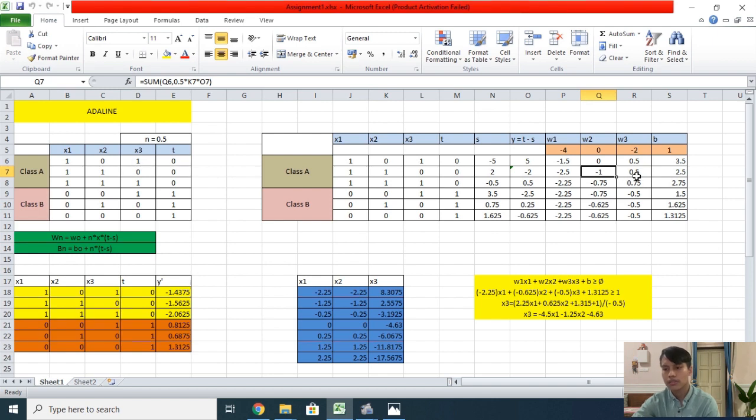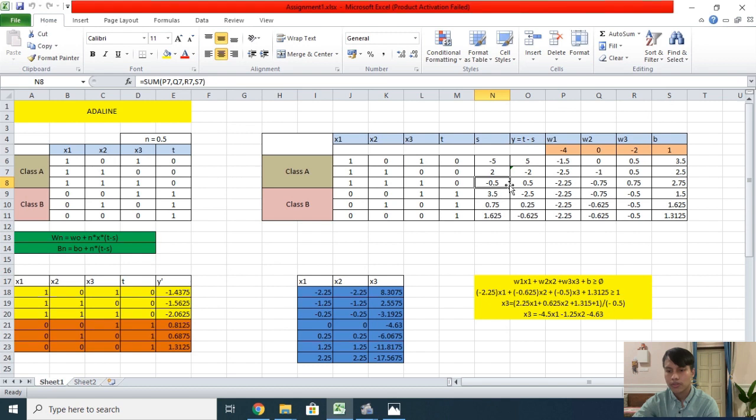Next, w3 is 0.5 plus 0.5 times 0 because the x3 is 0, times negative 2. So we get 0.5. So the bias is 3.5 plus 0.5 times negative 2. Then we get 2.5 for the s.